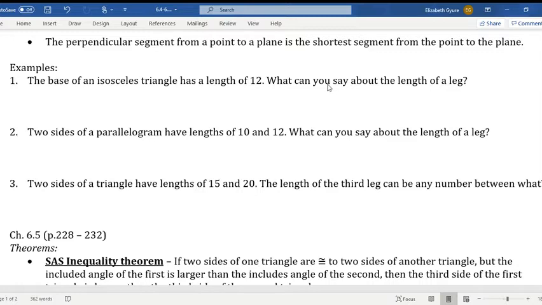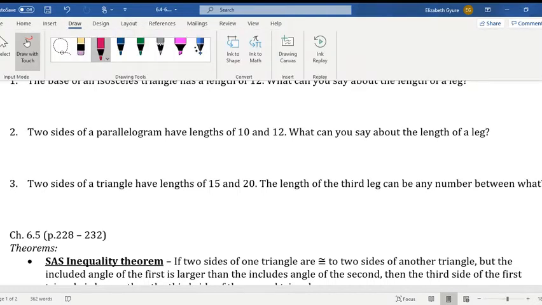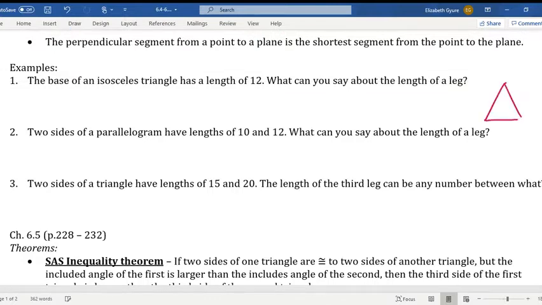So this is kind of having you imply some information here. And it wants you to imply information about the side length, right? So think about what this would look like. You're going to have an isosceles triangle. And this is not drawn to scale, but it has a base of 12, right? And if it's isosceles, what do we know about the two sides or the two legs?